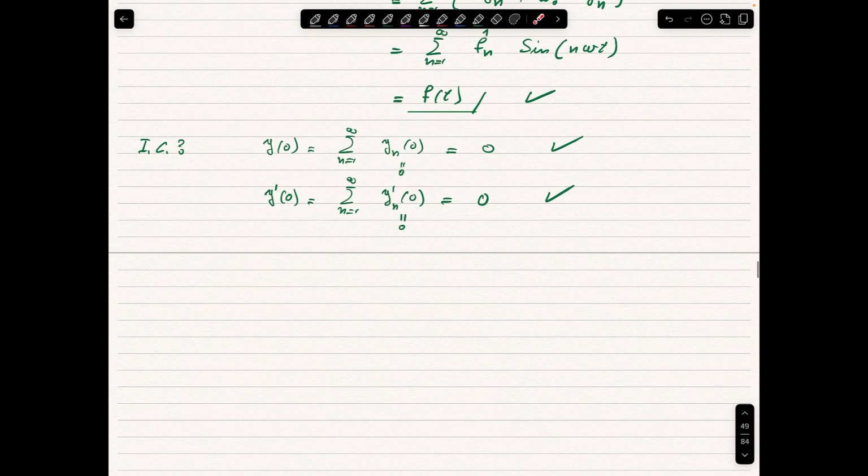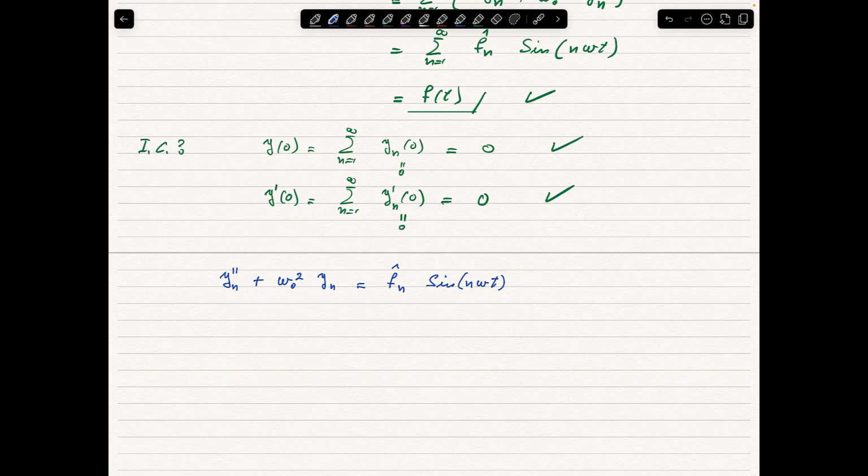So now we have our problem, the term by term problem: yn double prime plus omega 0 square yn is equal to the single quantum of oscillation, sine of n omega t.